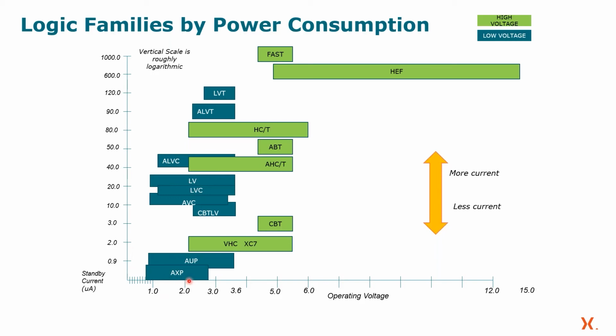The AXP, which is one of those new families we developed, is the best in terms of its power efficiency. Lowest voltage, lowest static current consumption, up through all of the low voltage families, the high voltage families, and then into the legacy, the HEF, and the fast logic as well too. So again, if you're looking at something and it's power critical, here's a chart or a way of selecting that right device.